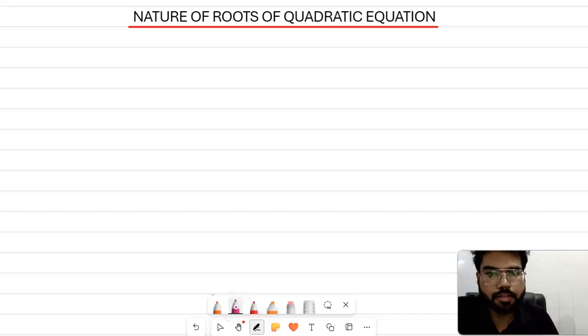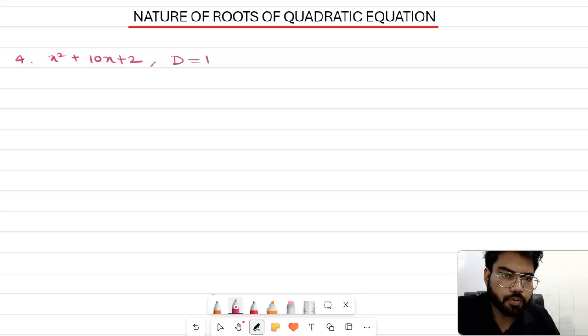So the example is x square plus 10x plus 2. Now first of all we have to find the value of discriminant for this quadratic. So now d equal to b square minus 4ac. Here a is 1, b is 10 and c is 2.